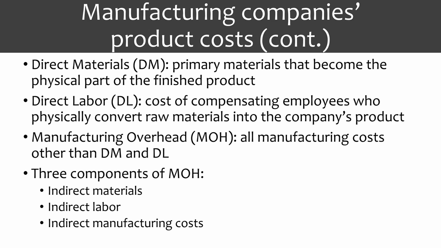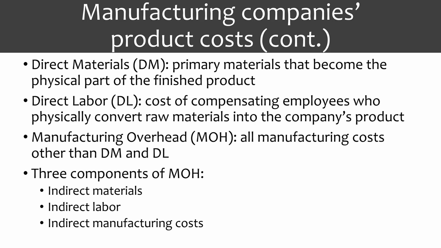Direct materials are the primary materials that become a physical part of the finished product. For example, if we're building a car, it would include the steel, the tires, the engine, the upholstery, etc. We can trace the cost of those materials, including any freight in and any import duties, to specific units. They are direct materials.